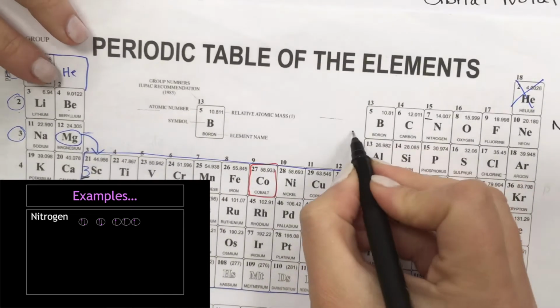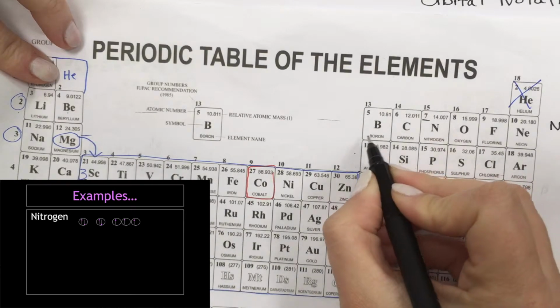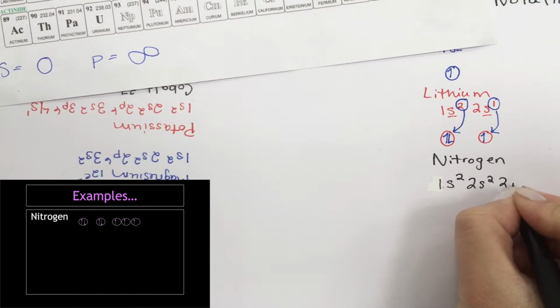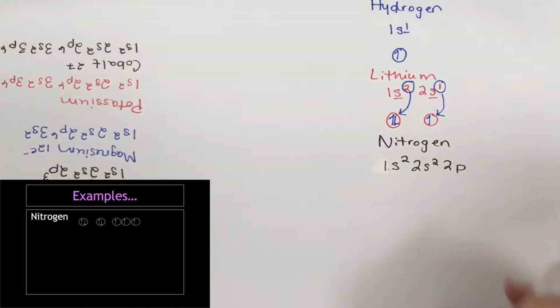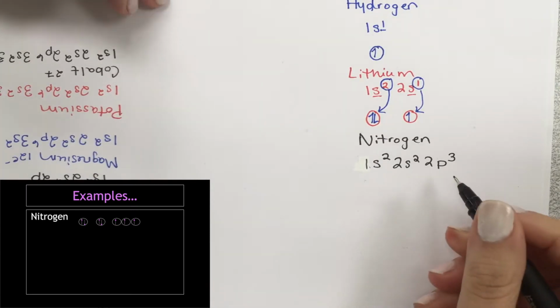Then we stay in the second energy level and do our P sublevel, so we have 2p, and then 1, 2, 3. So 2p3. That's the electron configuration of nitrogen.